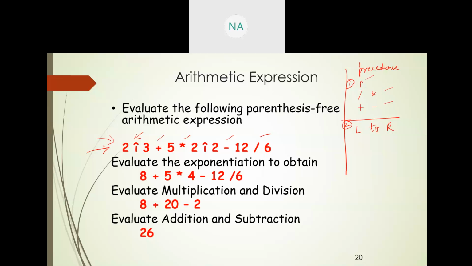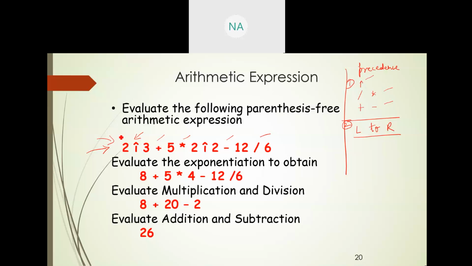And if there are operators which are at the same level, then we use left to right evaluation. That is, the operator at the left of the expression will be evaluated first, and then we go on evaluating from left to right.